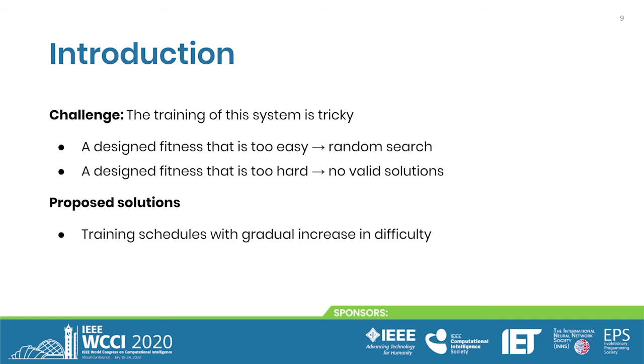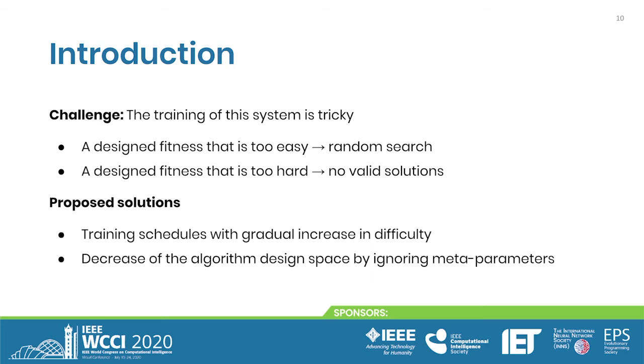In this new research, we test two ideas. First, what if we start the training on easy problems, and then, as time passes, we increase the difficulty of those problems? Will we observe an improvement on the generated algorithms?